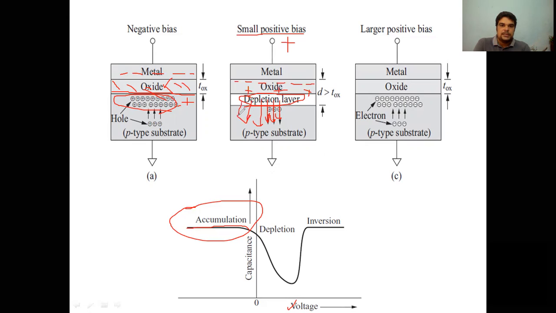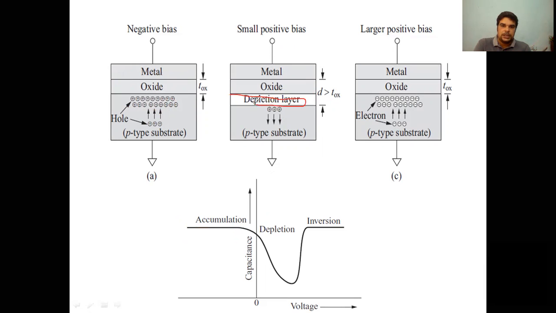As the holes leave this region, many immobile ions will be left here. Due to these immobile ions, a depletion layer is formed here.